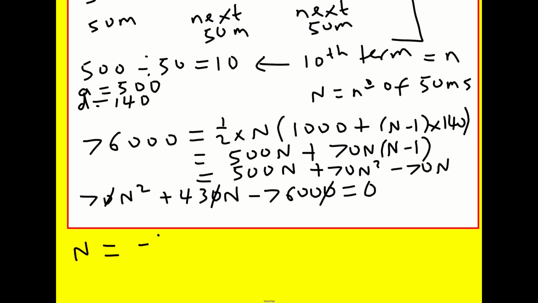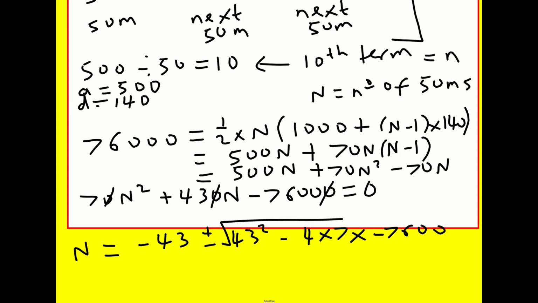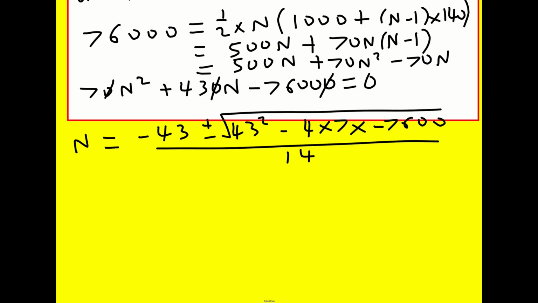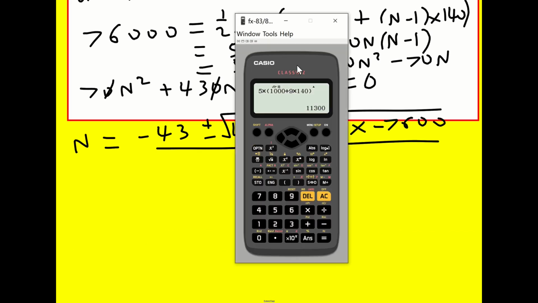N is going to be minus 43 plus or minus the square root of 43 squared minus 4 times 7 times minus 7,600, divided by 14. Again, ignore the negative because that's not going to be a physical solution.